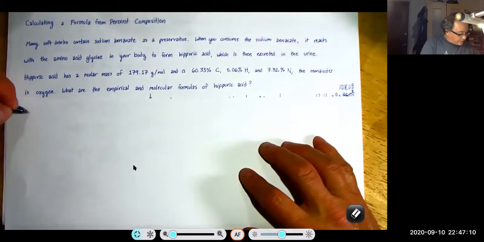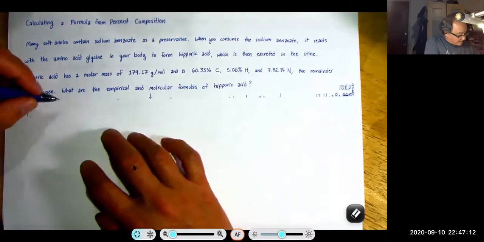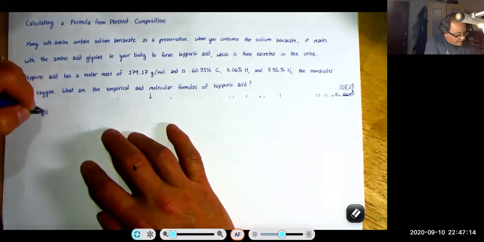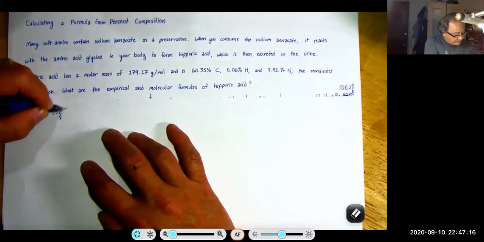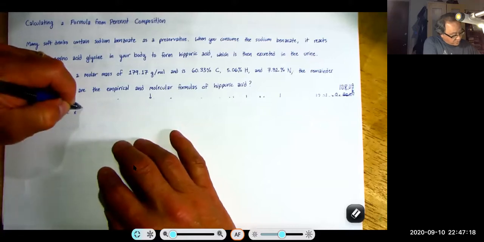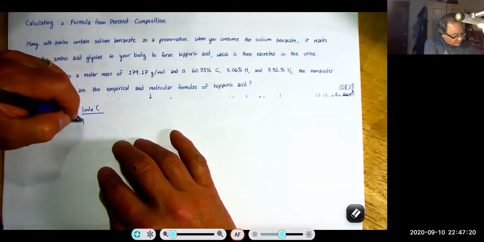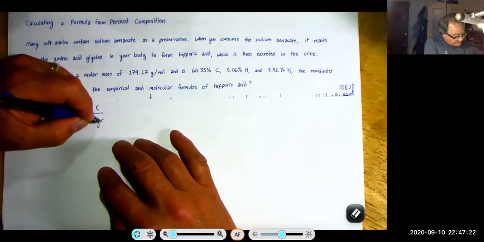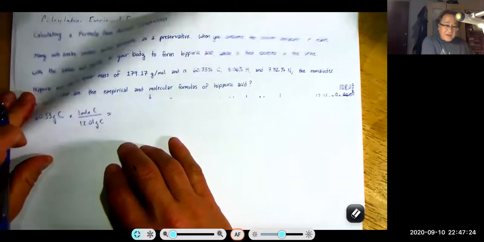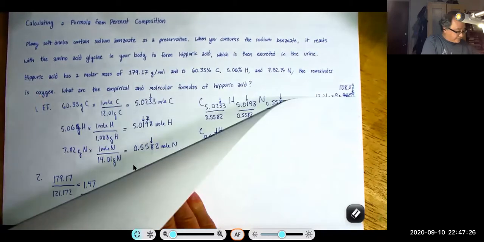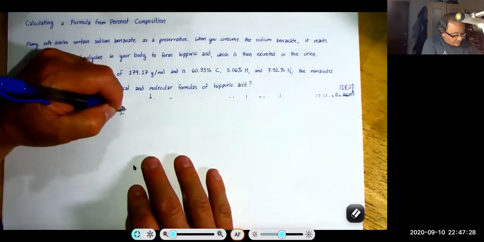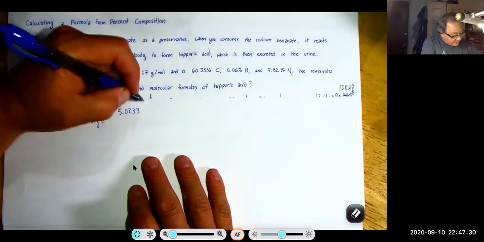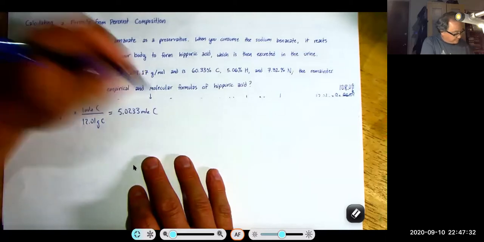So the first thing we're going to do is we're going to take our 60.33 grams of carbon times 1 mole of carbon per 12.01 grams of carbon. And we already have the answer to that. It's 5.0233 mole of carbon.